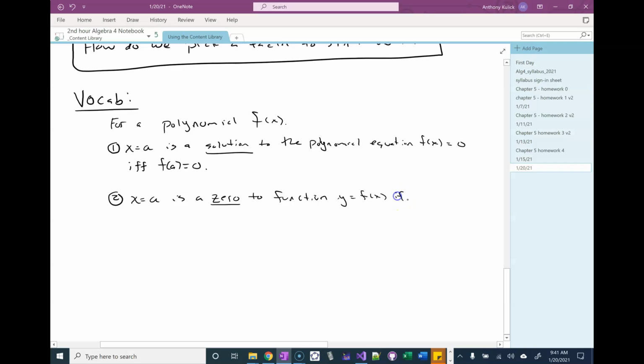And by the way, that IFF is the abbreviation for if and only if. The next one says x equals a is a 0 of the function y equals f of x, if and only if, when we plug a in, it evaluates to 0.